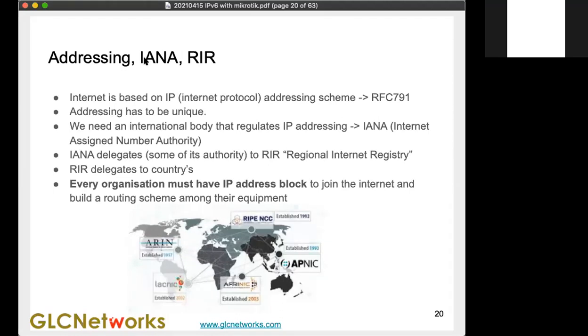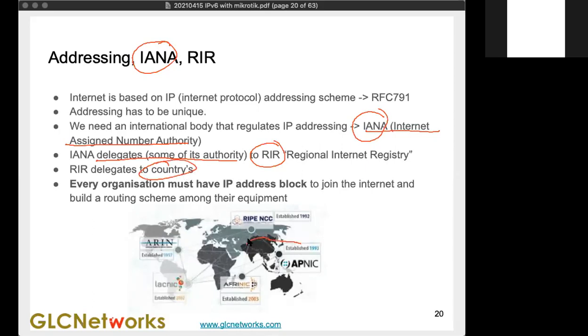On the internet, there is an organization named IANA, the Internet Assigned Numbers Authority. IANA is the highest body that manages internet addressing. All IPv4 and IPv6 is managed by IANA. IANA is not alone. IANA delegates the authority to the RIRs, Regional Internet Registries, and then RIRs delegate to countries.